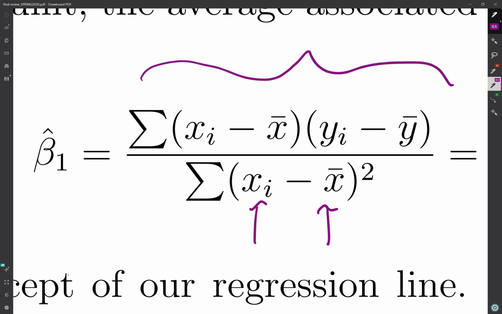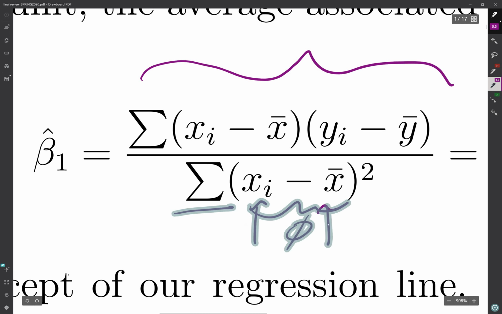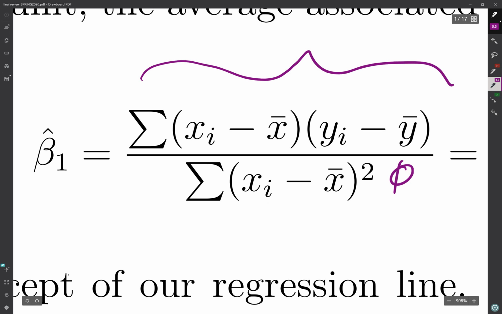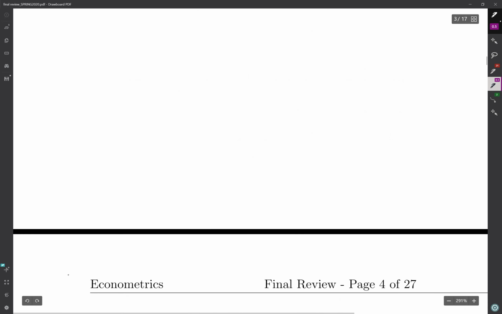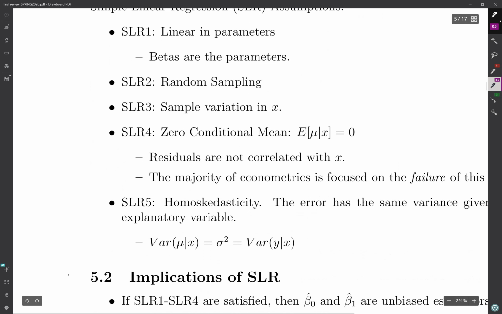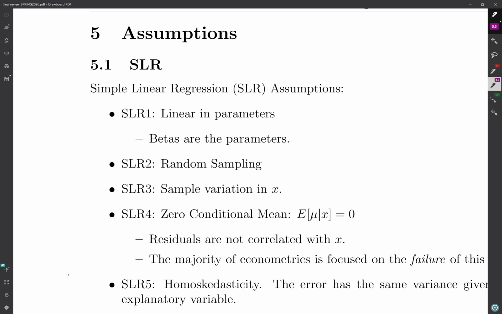And so we're going to have a sum of the same number minus the same number squared. But if this is going to be the same number minus the same number, that's going to be 0. 0 squared is 0. So we're going to be adding up a whole bunch of zeros, which is going to be 0. And the problem with that is, well, that means we're dividing by 0. We can't do that. Okay, so we can't divide by 0. So that's just a rule for us to make sure that we can actually perform these calculations.